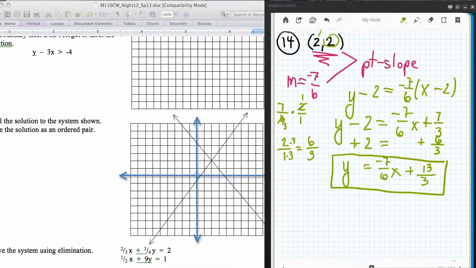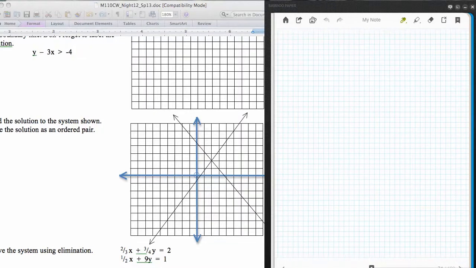All right, now moving on to problem number 15. In problem number 15, we have solving a system using elimination. So elimination, the first thing we want to do with those two equations is we want to get rid of the fractions. So I'm going to clear the top equation by multiplying by the LCD 12. So I'm going to have 12 times 2/3 x plus 12 times 3/4 y, and then equals, and even though it's a whole number, remember it still has to get multiplied by the LCD, times 12.